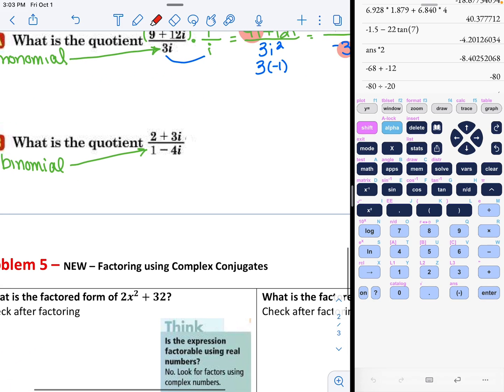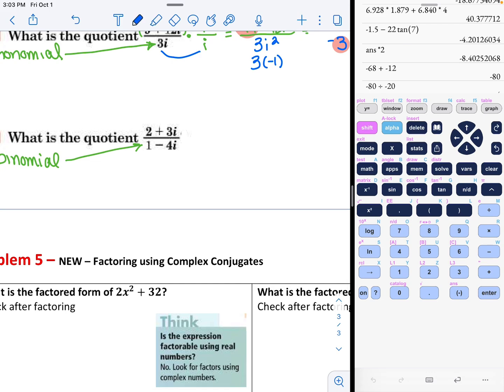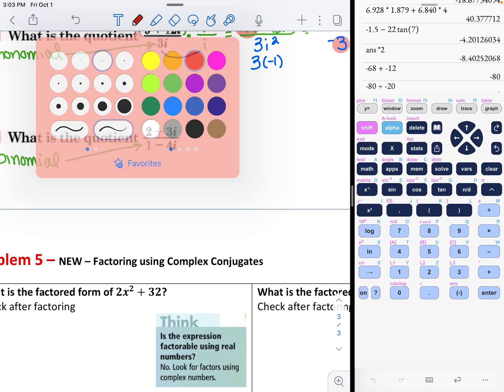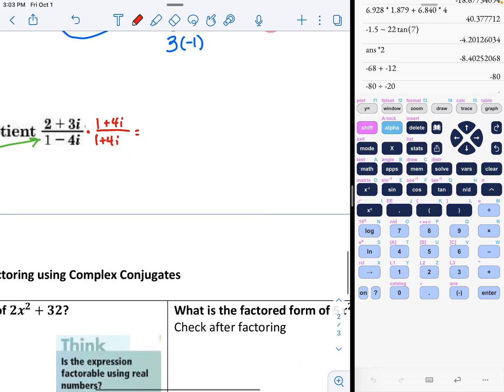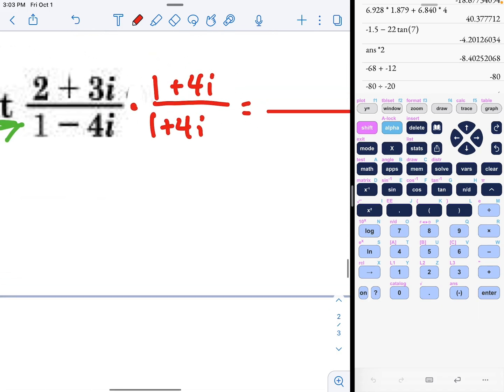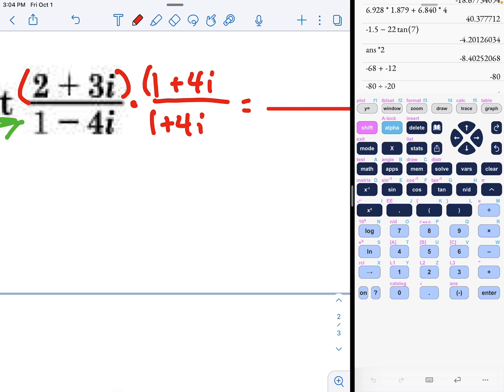Now the binomial. In the binomial, we can't just multiply by i over i. We're going to do it a little bit differently. We have to multiply by its conjugate, 1 plus 4i over 1 plus 4i. I'll deal with the top first. Let me draw a nice straight fraction bar. All right, grab some parentheses to indicate my binomials. 2 times 1 is 2.